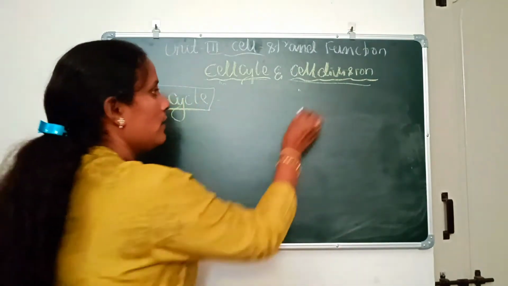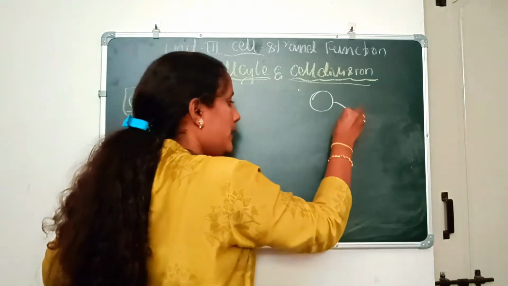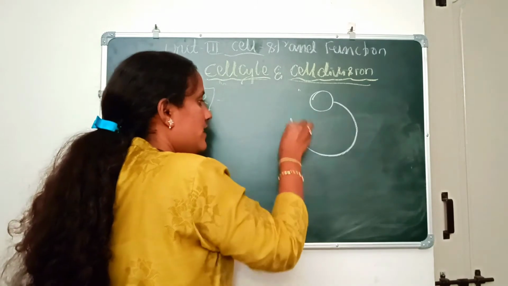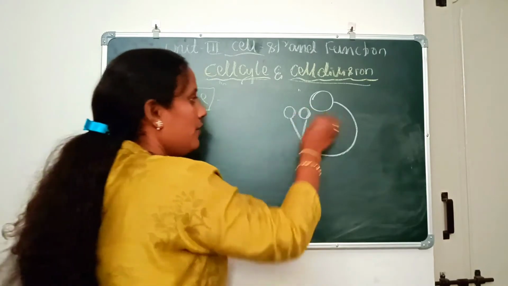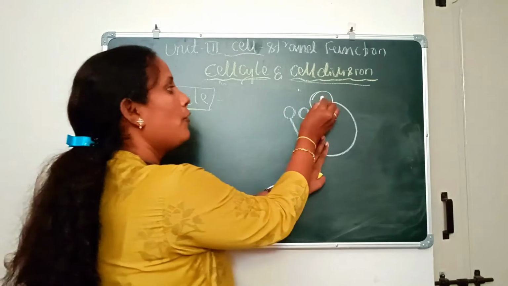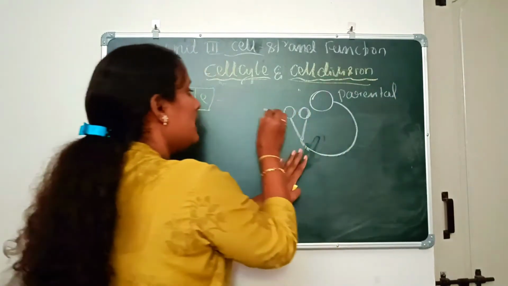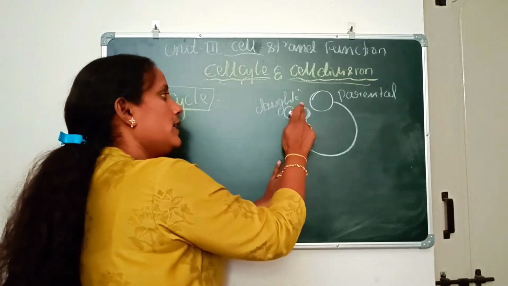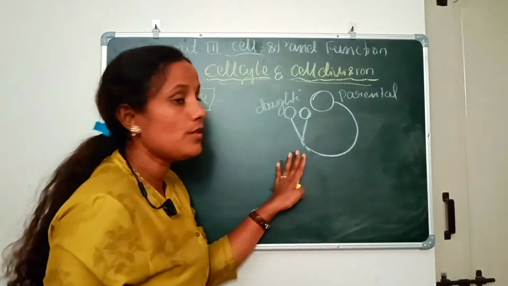If we consider this as a parental cell, initially the parental cell will grow in its size and finally it will divide and produce two daughter cells. So if we consider this as a cell cycle, from the parental cell there is formation of two daughter cells, and these daughter cells again grow in their size and again divide and produce two daughter cells.